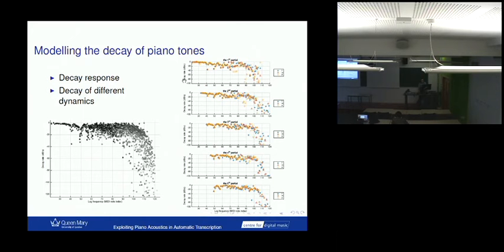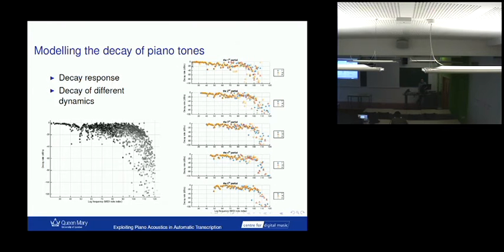For the second part, we're trying to understand how dynamics influence the decay rate. So we plot the first 5 partials.